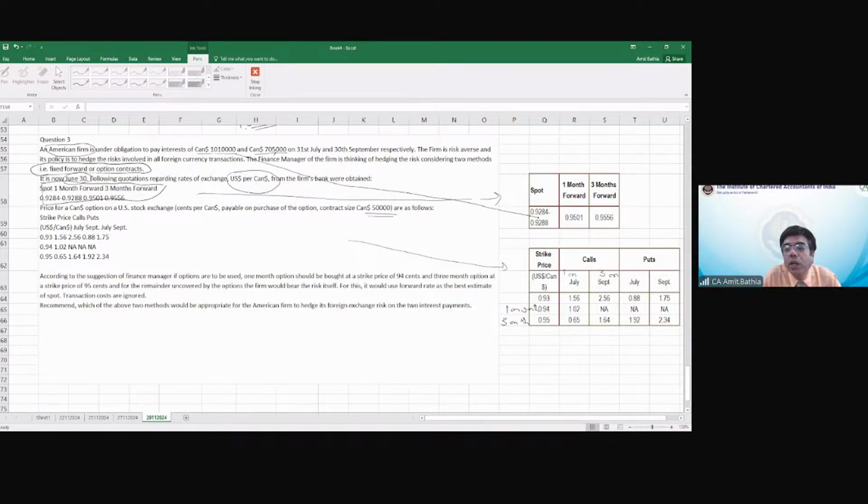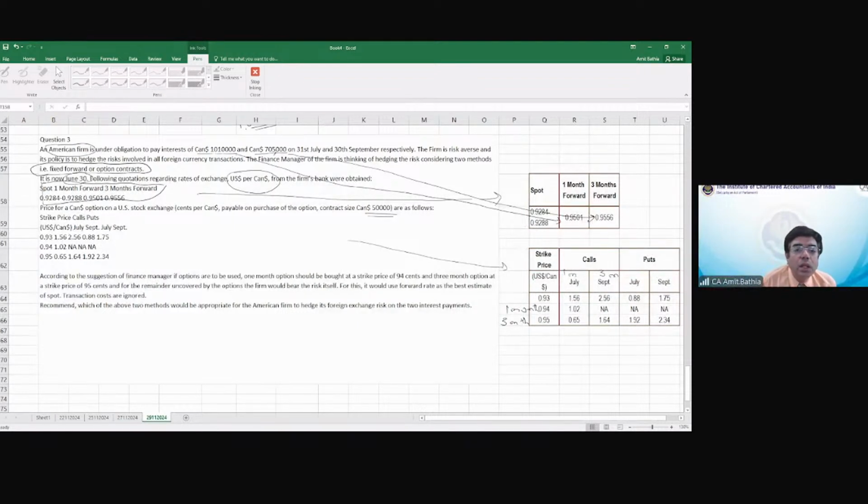If I do a forward contract, I'll be doing it at 0.9501. Similarly, if it is a September obligation, I will do it at 0.9556. Are you with me? So forward is the easiest one to compute over here, because it is very, very straightforward.